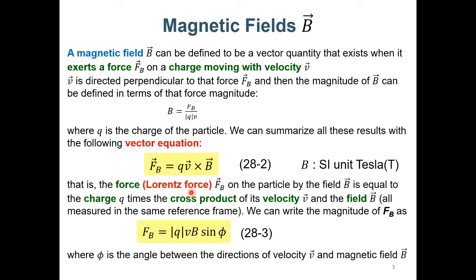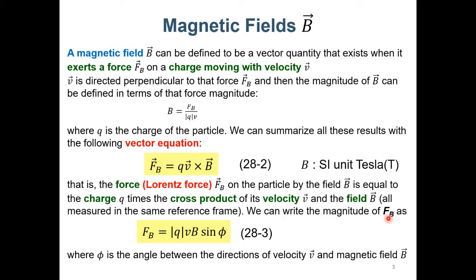The force we call the Lorentz force. The Lorentz force on the particle by the field B is equal to the charge Q times the cross product of its velocity and the field, all measured in the same reference frame.